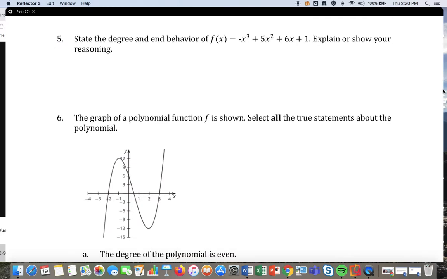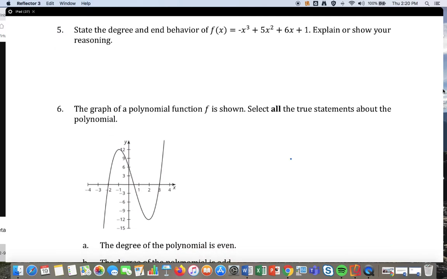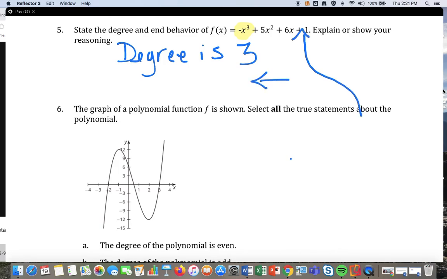Number 5, state the degree and end behavior of this function. So the degree is 3. And since there's a negative in front, it's going to start high and go low, because as x gets large in the negative direction, my x cubed is going to get very large negatively, and then that negative out in front will flip it to a positive number.